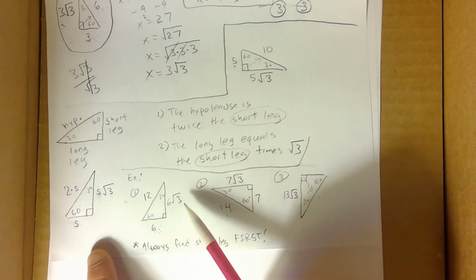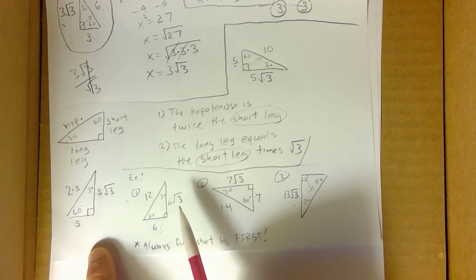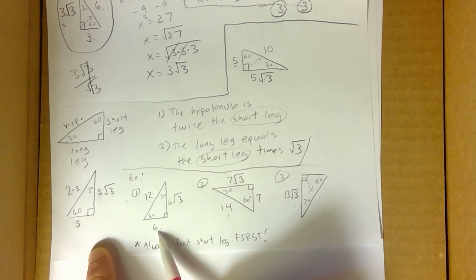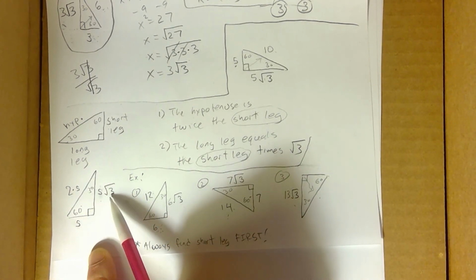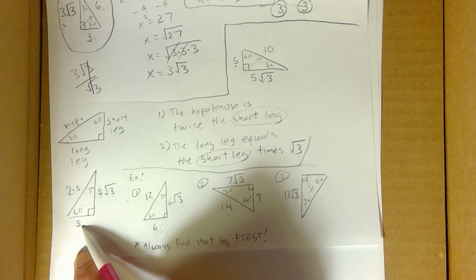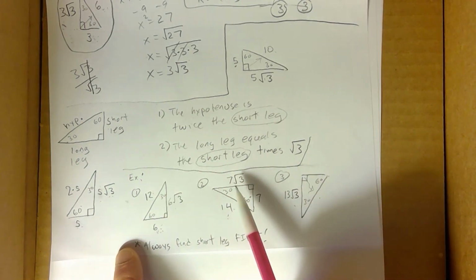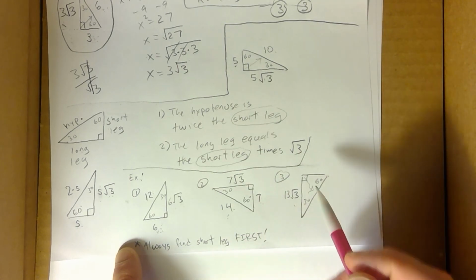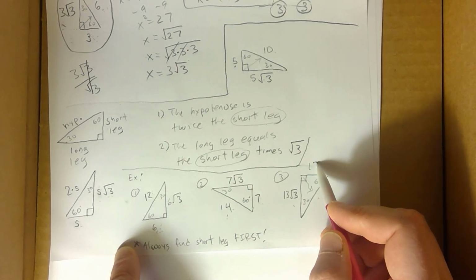So again, what do we want to find first? The short leg. How do I get from the long leg to the short leg? Basically I get rid of that square root of 3. So 6 radical 3 without the square root of 3 is 6. 7 radical 3 without the square root of 3 is 7. 13 radical 3 without the radical 3 is 13.